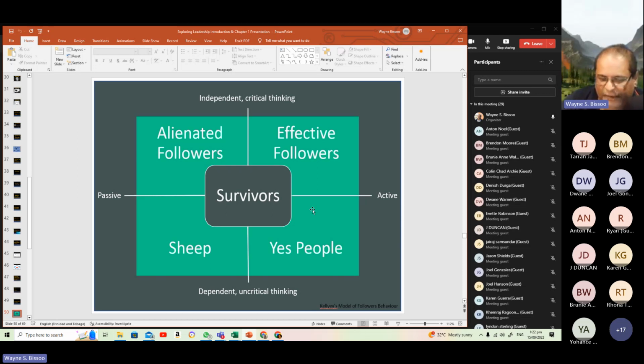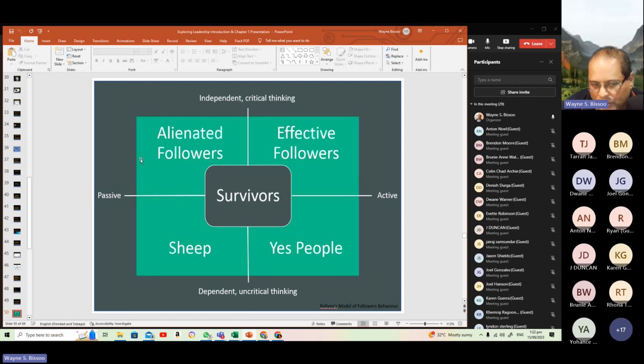There's a different model. And again, knowing about these things allows you to effectively try to change things so that you could encourage more effective followership.